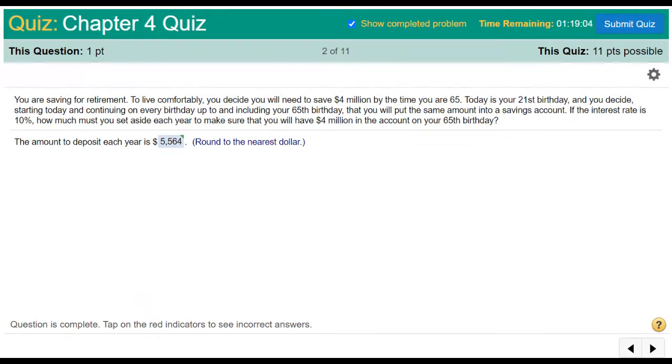Whatever the net number between those two, you add 1 to it. So N is going to be equal to 45. I/Y is going to be equal to 10%. We're solving for payment. Present value is 0. Future value is 4 million. Compute for payment, and you should come up to 5,564. And round to the nearest dollar.